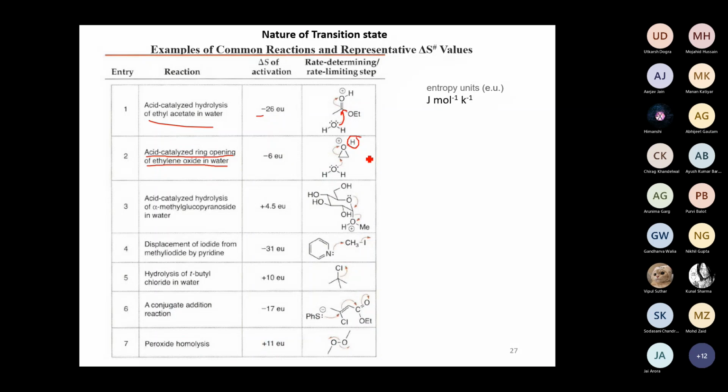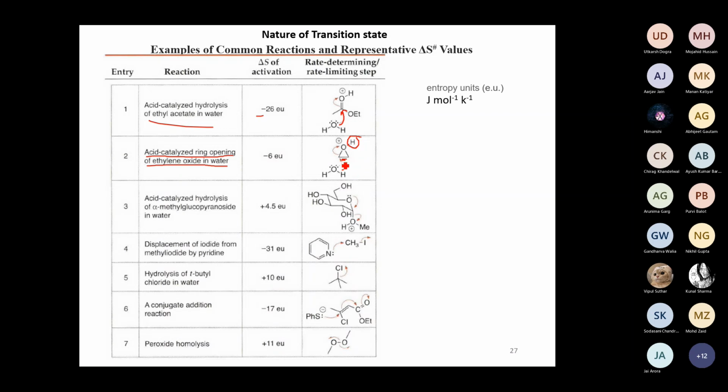This is a specific acid catalyzed reaction. You know that it binds to the oxygen of ethylene oxide and increases its electrophilicity. Then water attacks. Here you can see the arrows, right? And ring opening takes place. And this is the transition state.